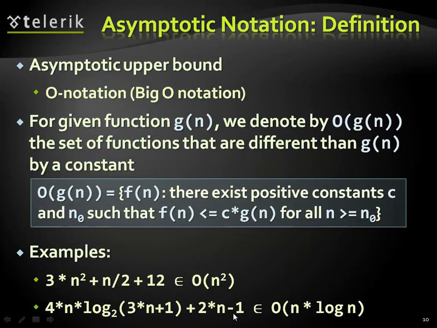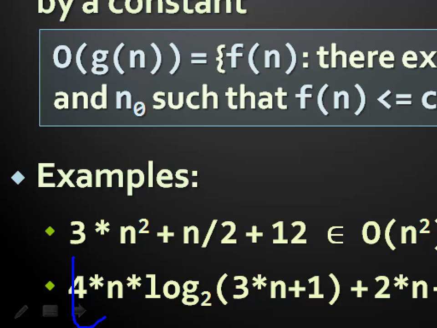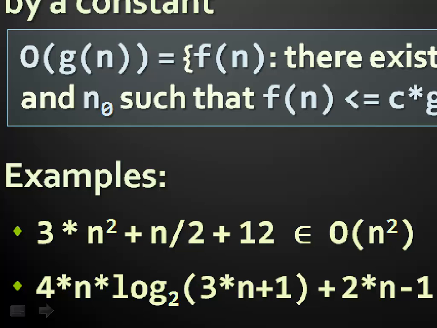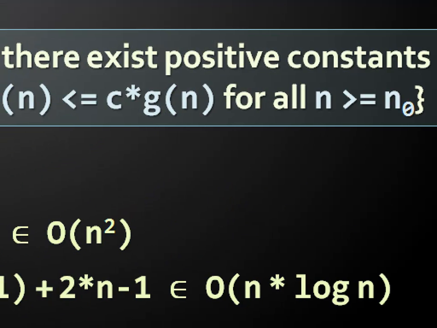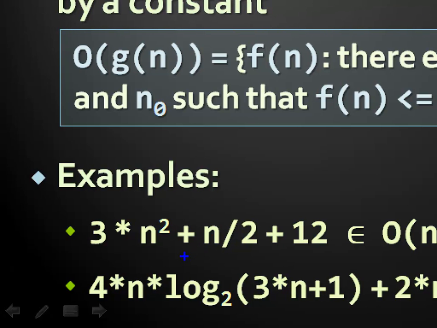You care about that. Okay, in this example over here, you have 4 times multiplied by logarithm with the base of 2 of something, and something else. Okay, what do you care about here? Again, we have some stuff, but this time it's not that clear. For example, we have n multiplied by something, and which of these things here can we take out? 4, big deal, don't care about 4.